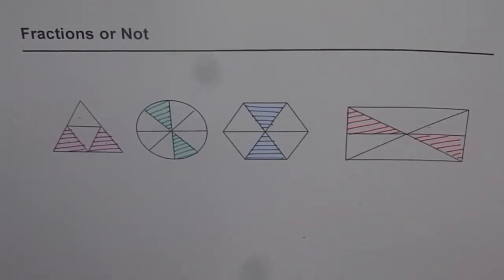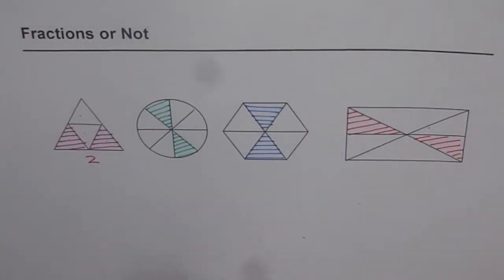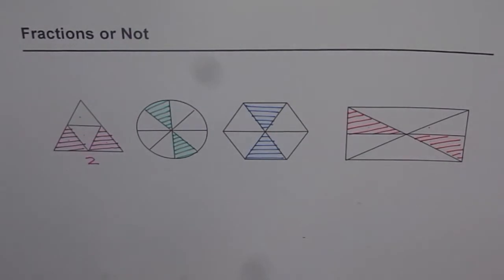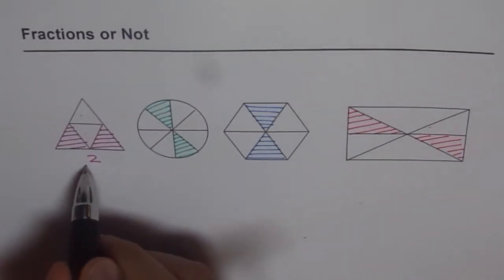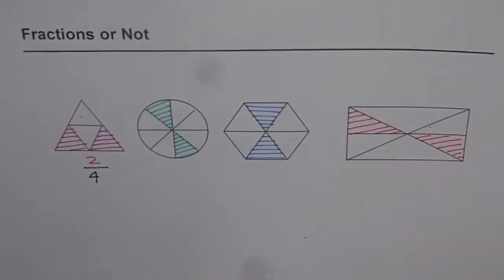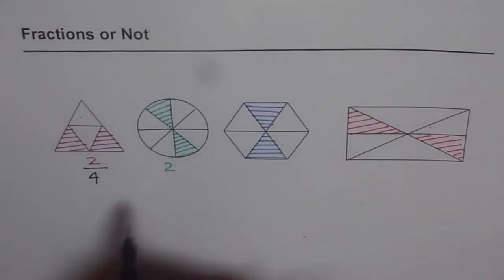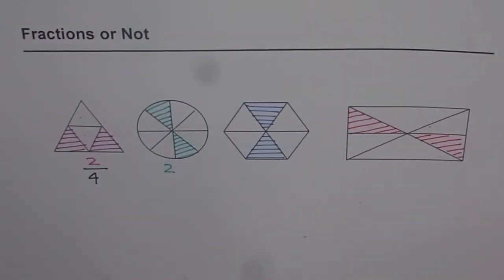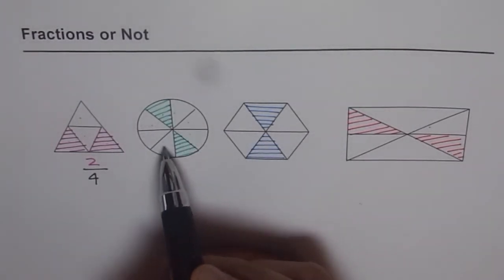So in the first case, what is your answer? We shaded 2, right? So let's write 2 for here. And out of how many? There are 4 triangles, so it is 2 out of 4. Now in the next case, we shaded how many? 2 again, right? So 2 out of how many? 1, 2, 3, 4, 5, 6, 7, 8.